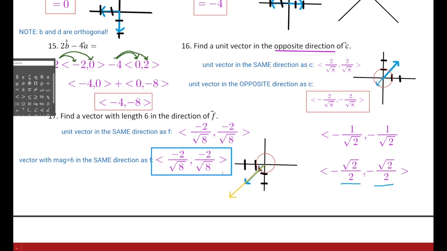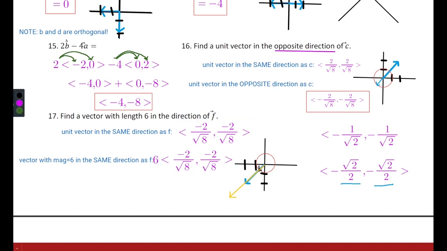Negative 2 times 6 is, what would that be, negative 12, and the same thing goes over here. So we would have, maybe I should spell this out a little bit, 6 times this vector, and then we're going to distribute the 6 to each component.